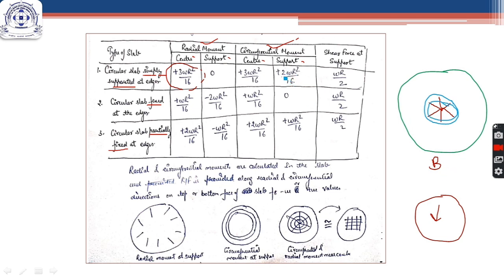And at support, this value is plus 2wr square by 16. So again bottom face because sagging, and this is circumferential moment at support. So at support also this reinforcement will be provided. So such reinforcement, you will get if you have a circular slab which is simply supported at edges.